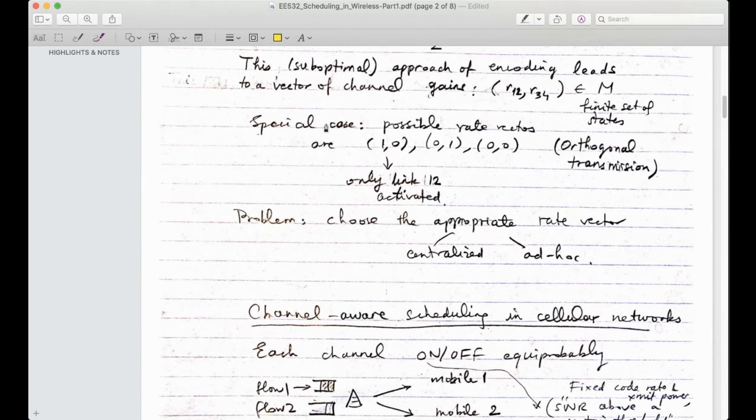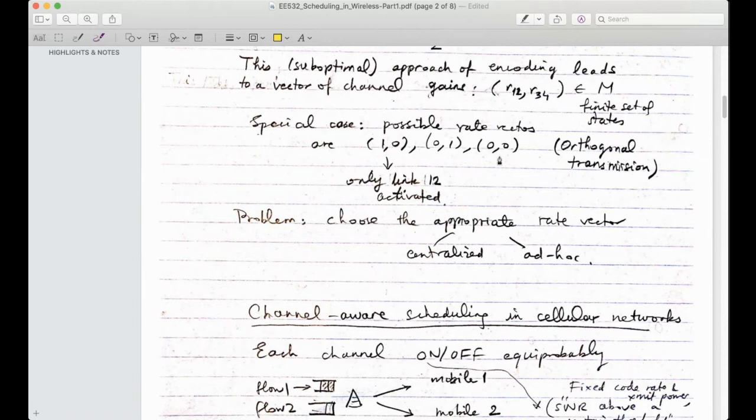So either node 1 transmits, that is link 1,2 is activated, and the rate vector is (1, 0). Or link 3,4 is activated, and the rate vector is (0, 1). Or both transmitters are silent, (0, 0). Is that okay? So with orthogonal transmission, we have three possible rate vectors.